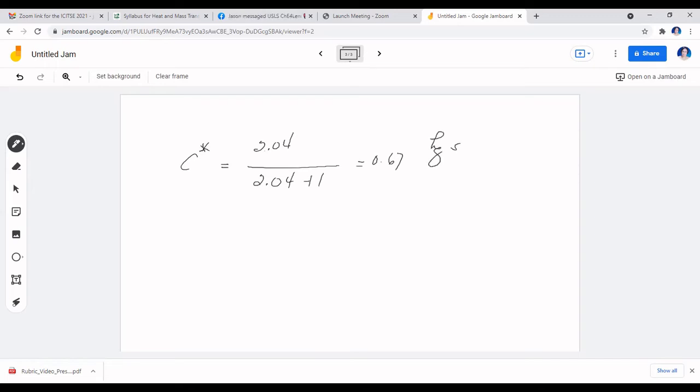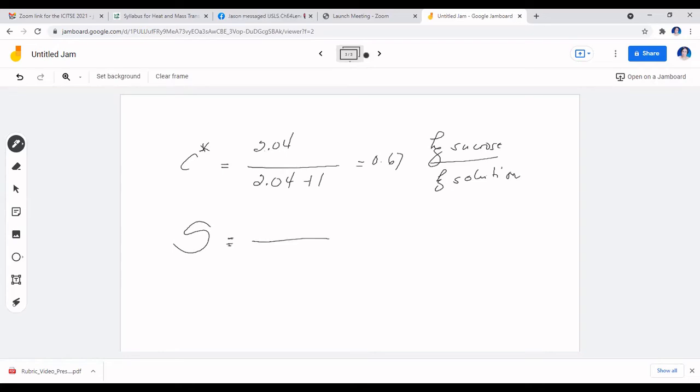So it's kilogram sucrose per kilogram of solution. Now you can determine the supersaturation using this set of units already for your C's, the supersaturation concentration and the equilibrium concentration.